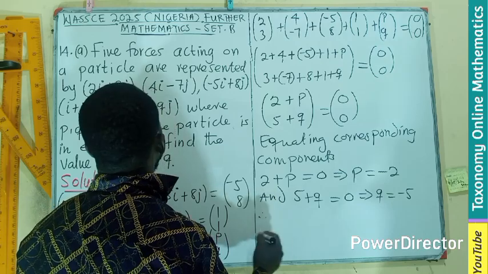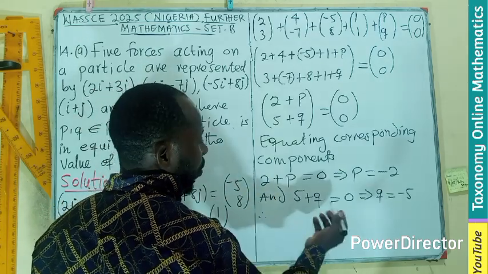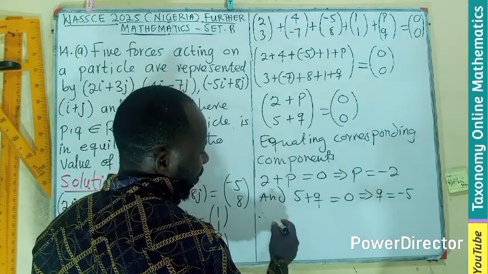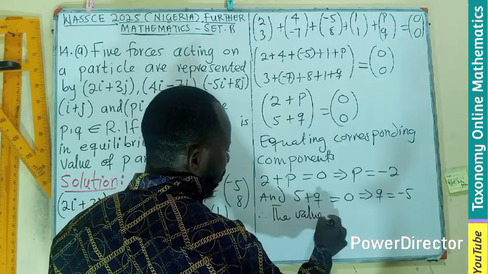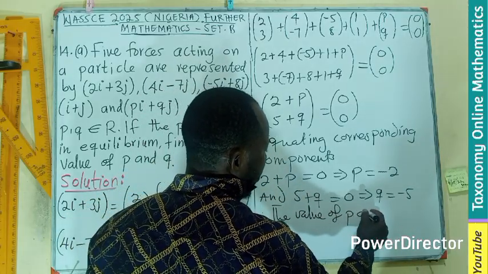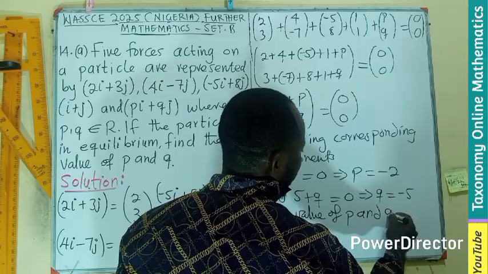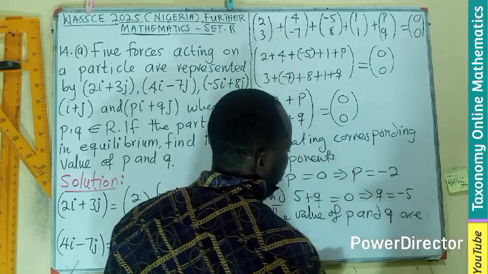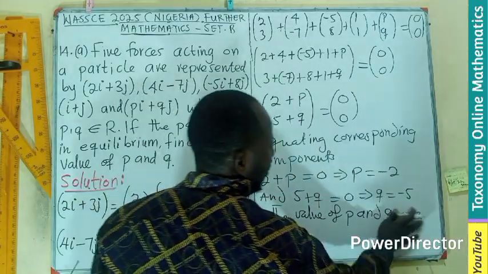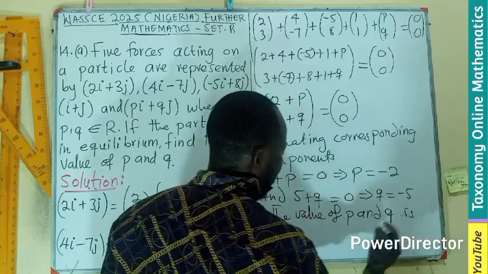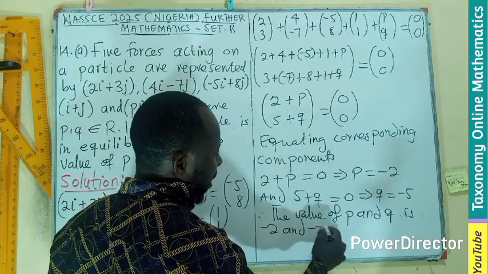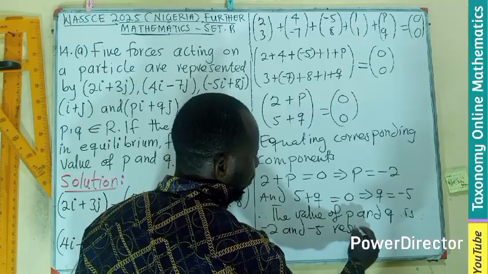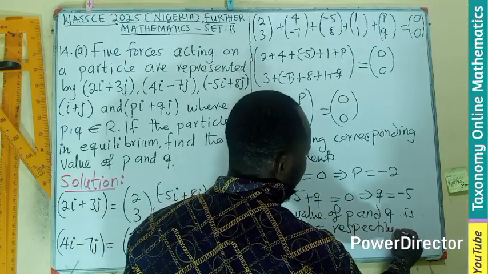So therefore, the value of P and Q is minus 2 and minus 5 respectively.